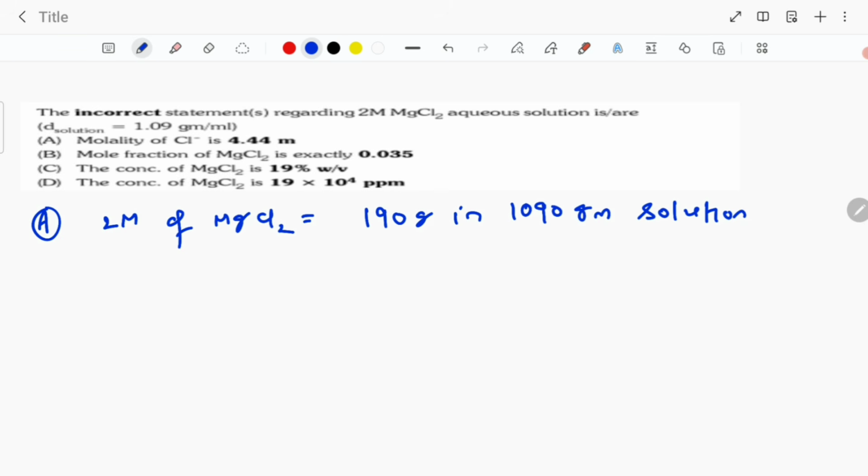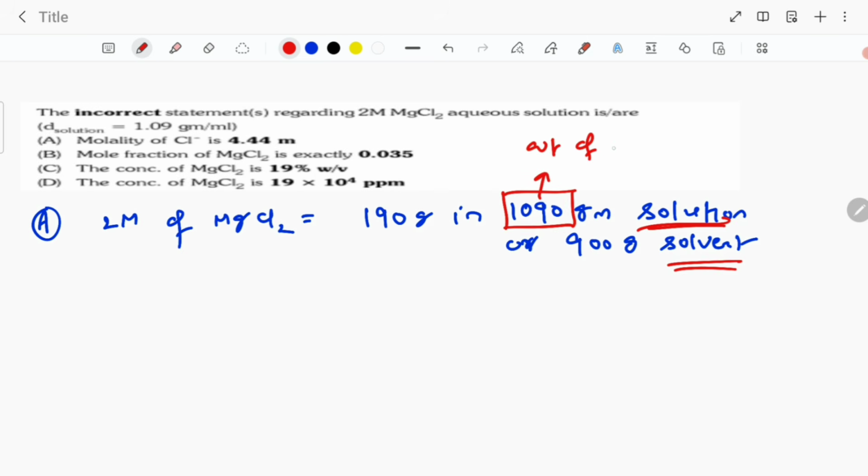1090 grams solution. How are you getting the solution? 190 in 1090 grams of solution, or how can you write it, it is in 900 grams solvent. Properly observe it, solution or solvent. How are you getting 1090?